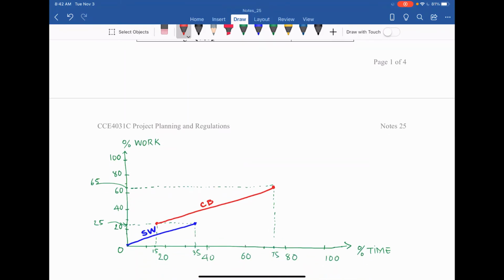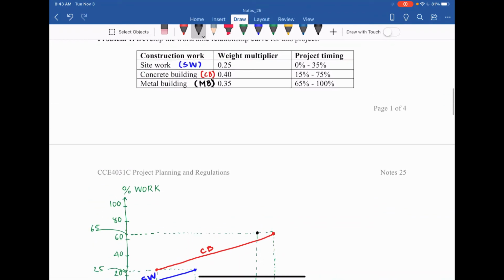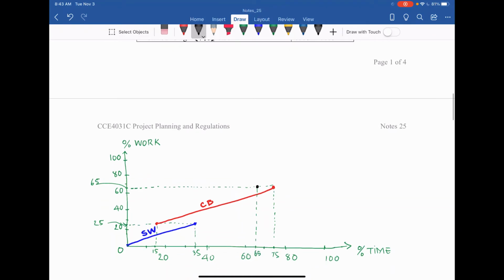We draw a vertical line at 65, which is where the metal building starts. The second point is the finish: 100% for time and, of course, 100% for the finish of the work.